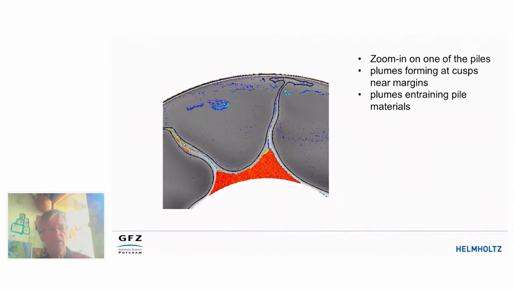There are also models and observations which show that this material from the piles may be only on one side of the plume. So there is this idea of zoned plumes: on one side of the plume, material from the pile comes up, and on the other side, it's primarily ambient mantle material. There are chemical observations from a number of plumes right now which would indicate this.